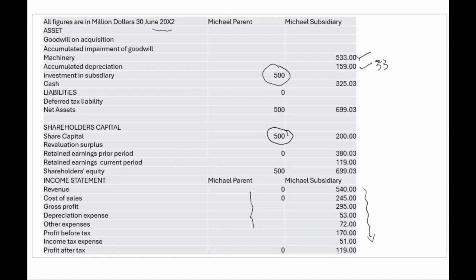If we divide 533 by 53, what we get is 10. So there's 10 years of useful life of this machinery. So 53 into now 3, that is when it was acquired, 1 year of depreciation was there, and then now 2 years after acquisition. So together is 3 years equals 159.